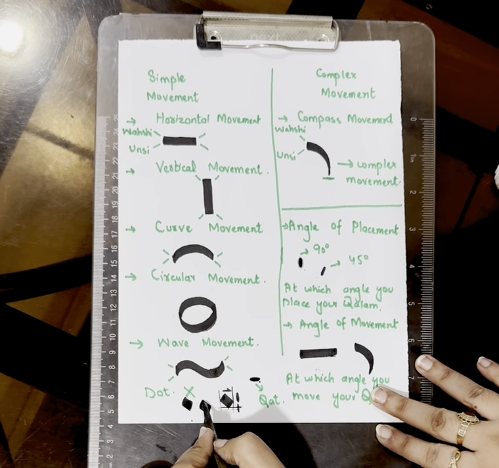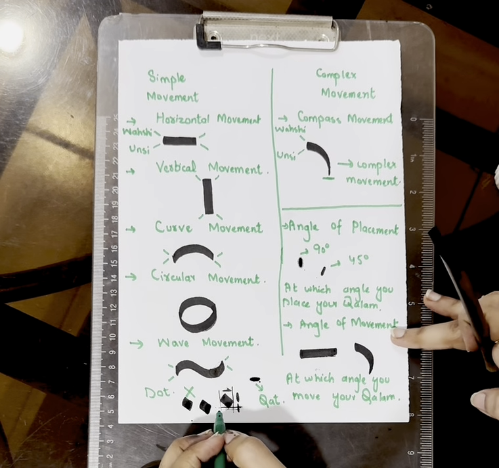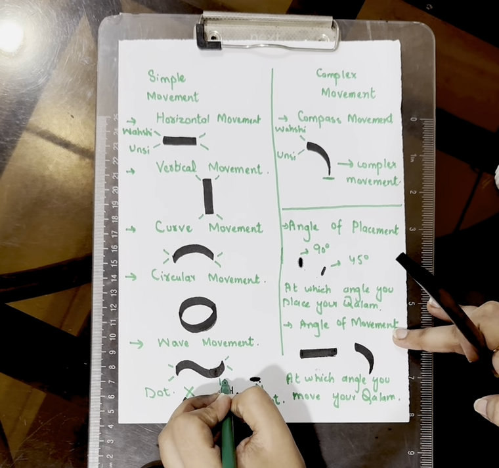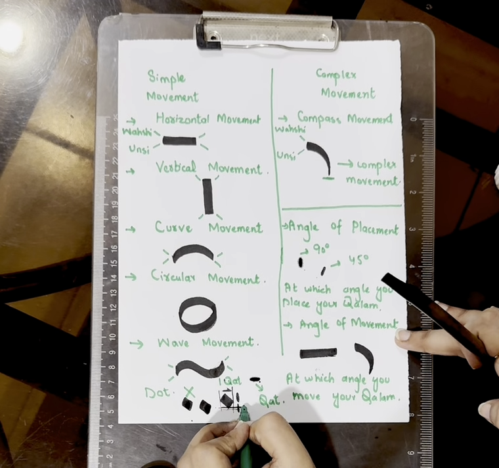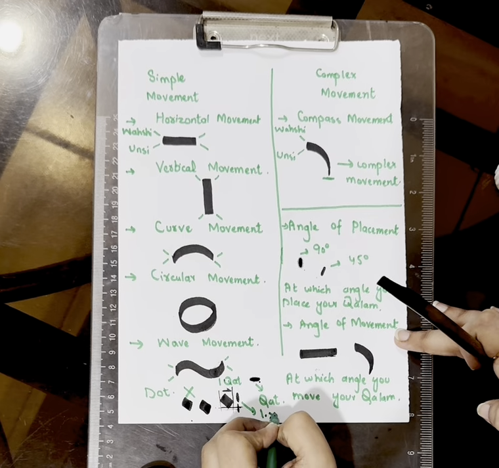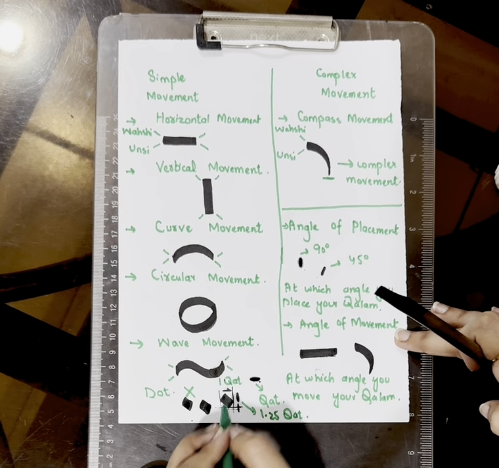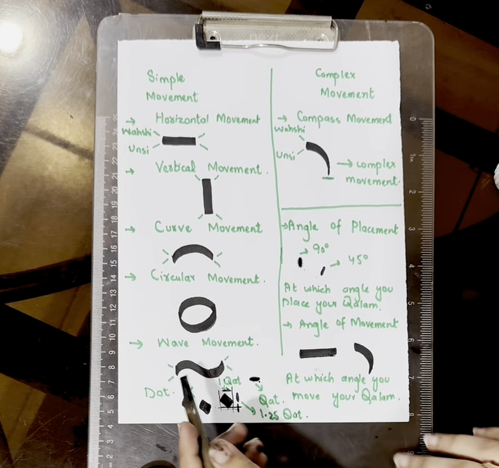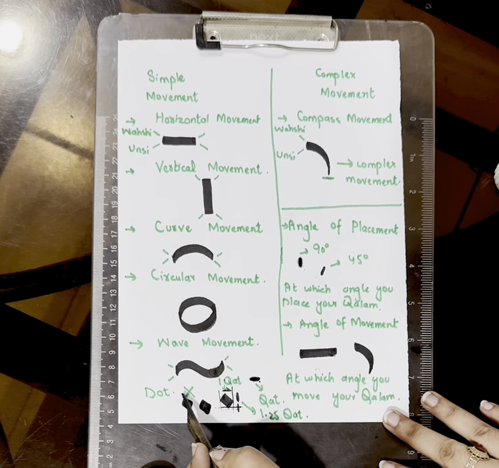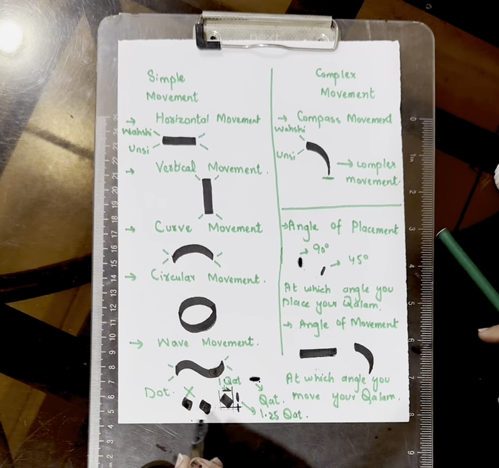Little bigger than the diamond shape. Now, in the coming lecture, we will follow exactly this dot system for the calligraphy writing with the column.